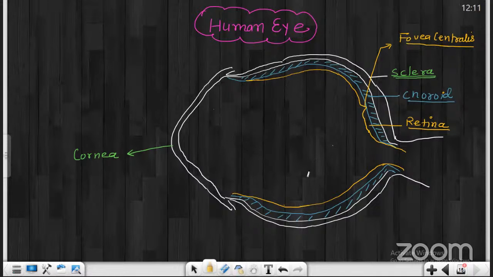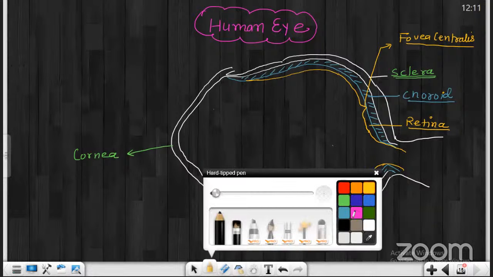Now next part. So retina done, fovea centralis done, sclera done, choroid done. This particular region is called vitreous chamber. We call it vitreous chamber. This is your vitreous chamber.